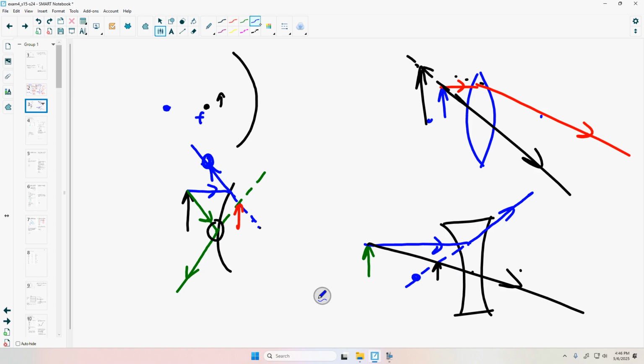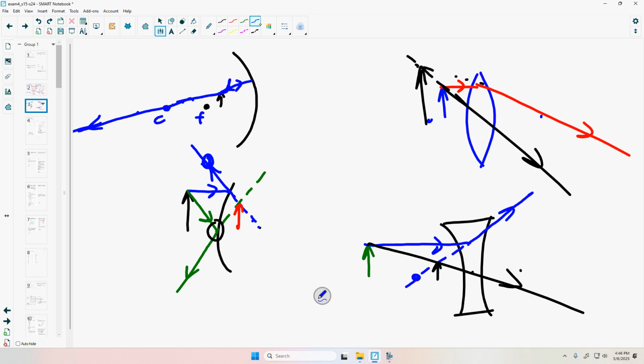This is the focal point. This is the center of curvature. I imagine a ray that originates at the center of curvature, goes up like that, and then it reflects back on itself and goes back in that direction.